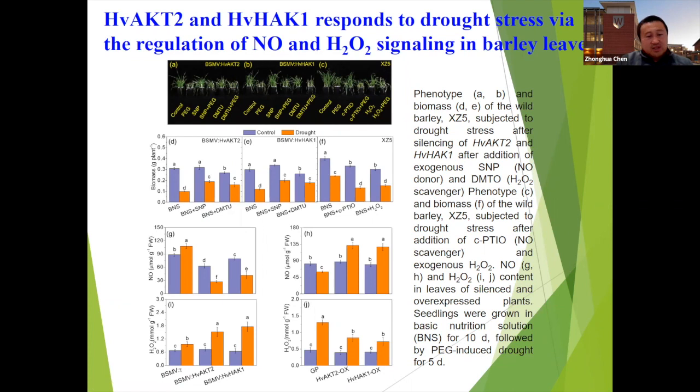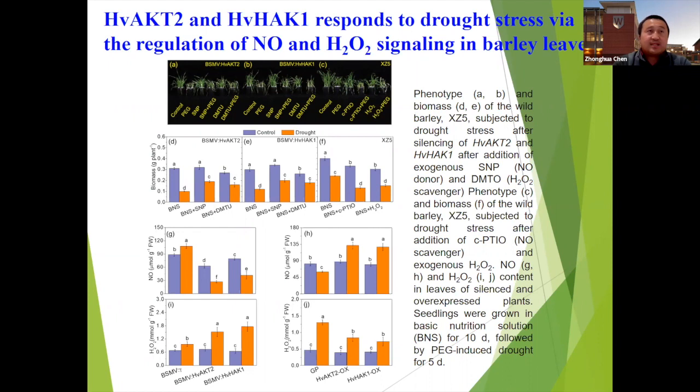Okay, the last few slides. HvAKT2 and HvAKT1 respond to drought stress also via the regulation of nitric oxide and hydrogen peroxide. Again, similar results as we saw for HvAKT1.